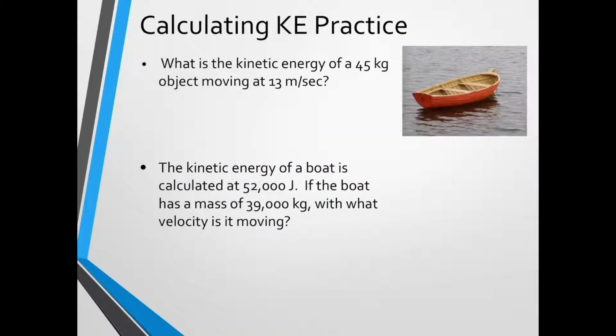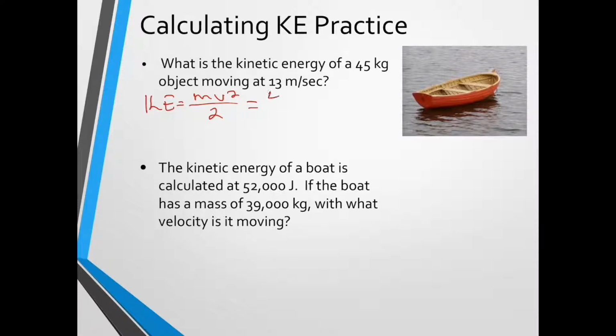Alright, let's try some more. So, what is the kinetic energy of a 45 kilogram object moving at 13 meters per second? So, again, just like the last two equations, we have to put our numbers into KE equals mass times velocity squared divided by 2.